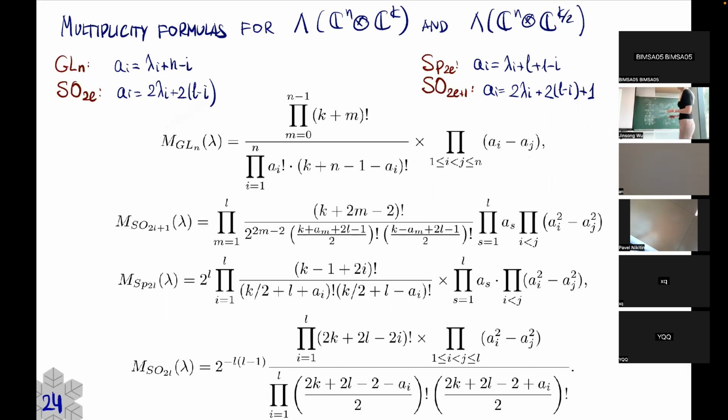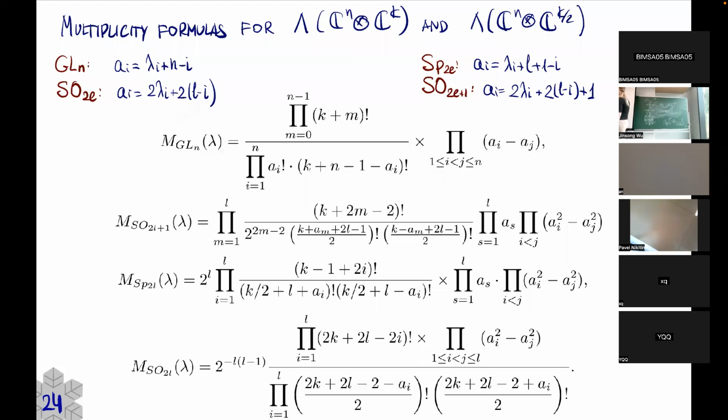We have obtained the multiplicity formula, which is factorizable, for all the four series that I have been talking about. So the skew Howe duality allows us to get the multiplicity for the GL_N case in such an expression. Then again, we have the same type of formula for SO(2l+1).